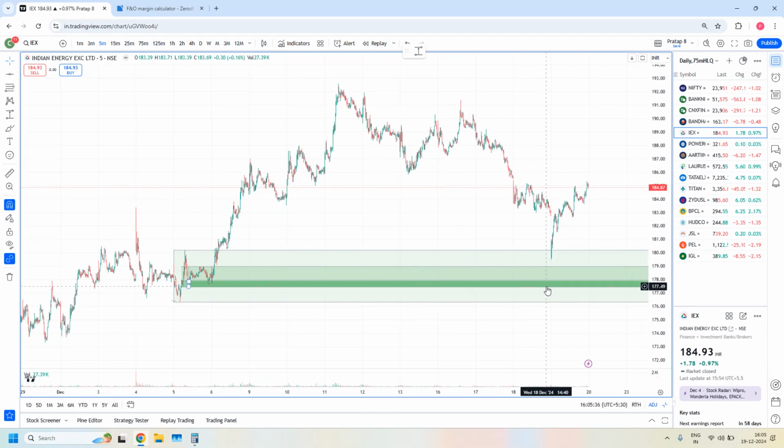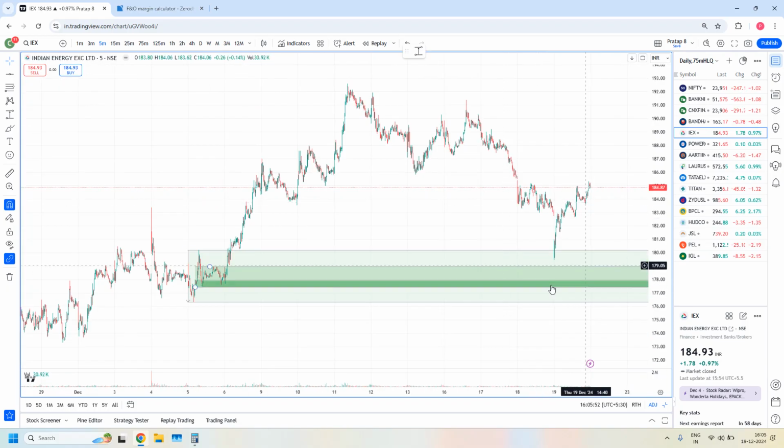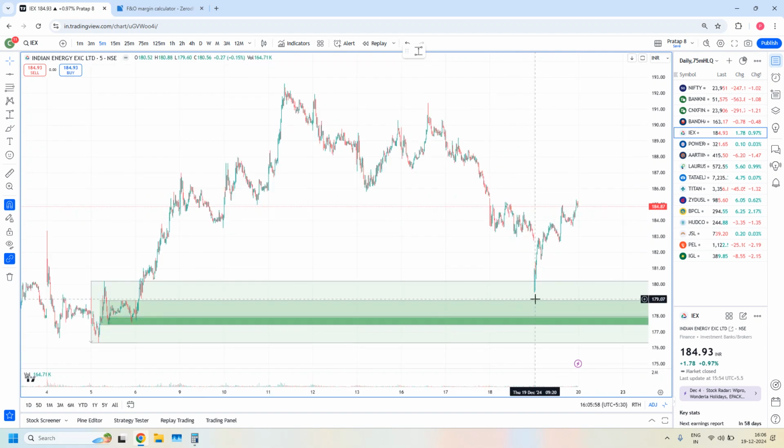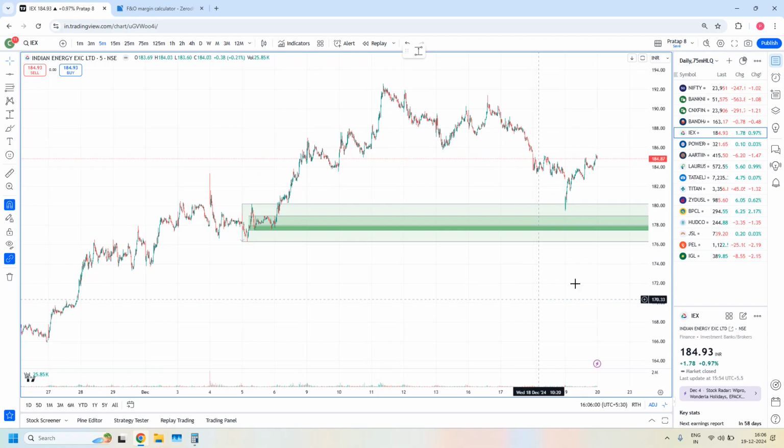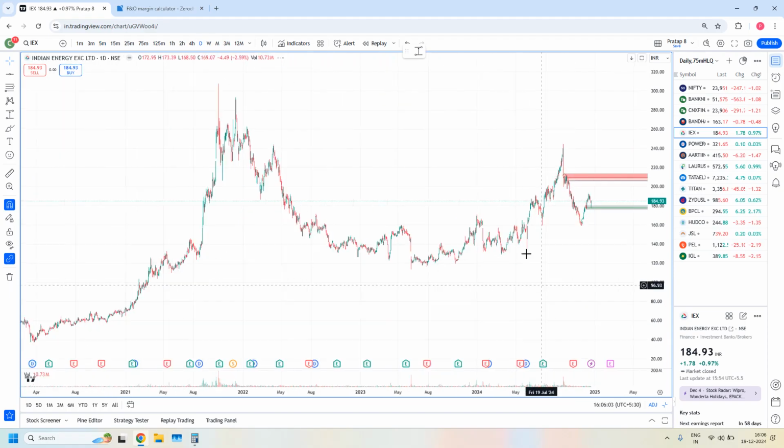The pre-market starts at 9 o'clock and opens for around 8 to 13 minutes. Anyway, IEX, we did not get the trade. If you look from the daily candle, it looks like we got the trade.